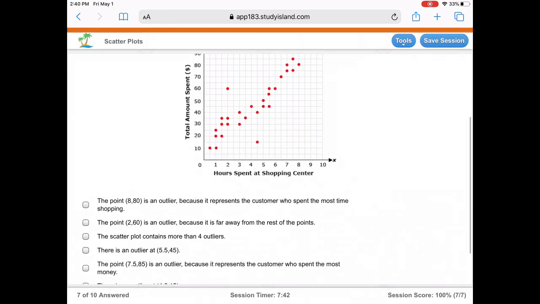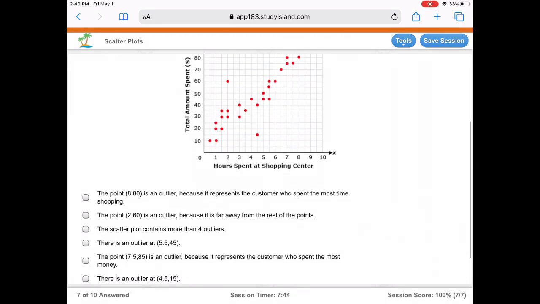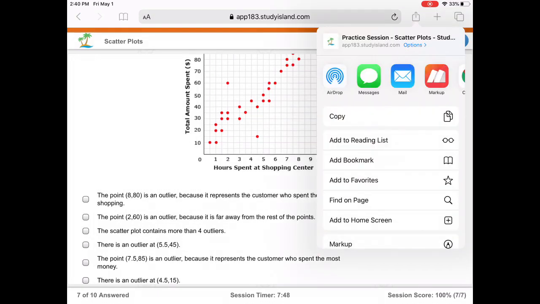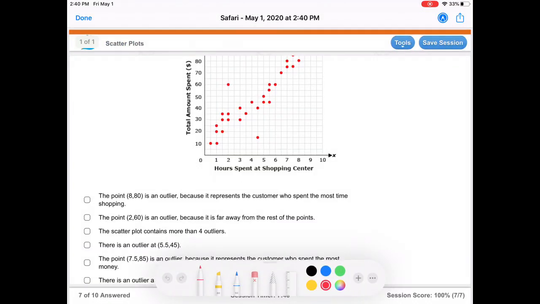I'm trying to get as much of this on here as I can so we can determine what's a good answer and what's not a good answer. So 880 is right there, and that seems to be with the trend. This is kind of the trend right here. All of this stuff is pretty close to that line, so all of that is not going to be an outlier. So it's not going to be 880.